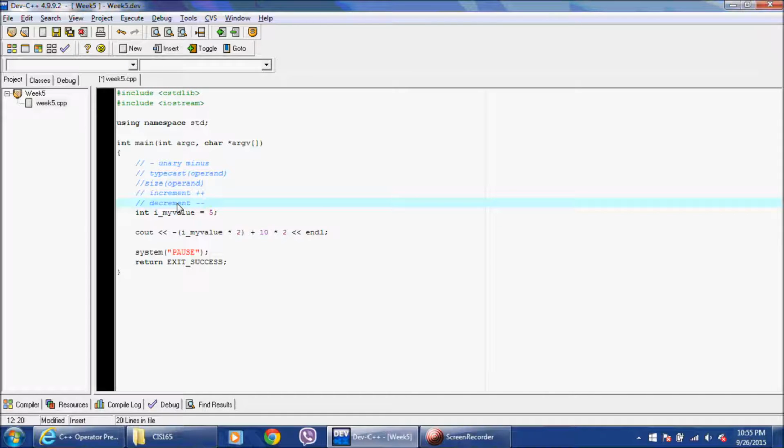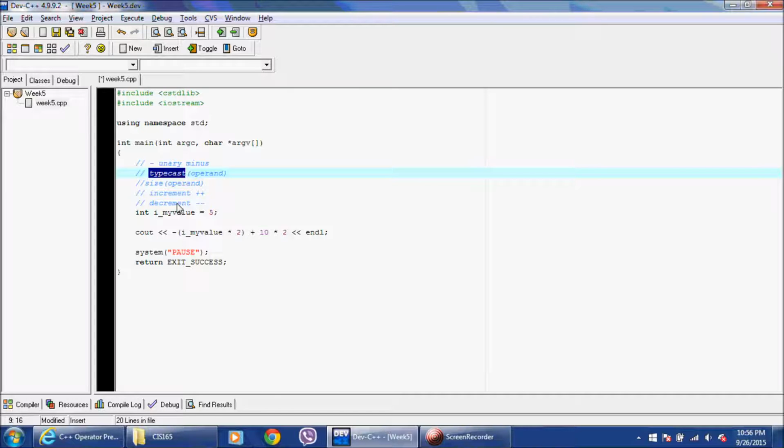So let's go over typecast. Typecast changes the data to another data type. But when you use a typecast, you're not permanently changing the data. You're only changing it at the time that you're using the typecast. And there's two types of casting, typecasting.